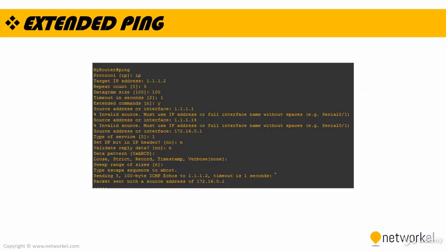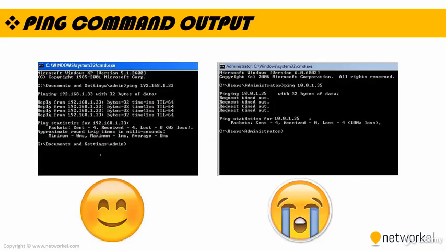I can also use the extended ping, which has other features, like how many times I can ping, and I can specify the datagram size or timeout, and so on. And here is the output of the ping command.